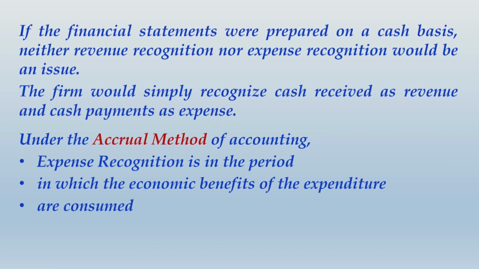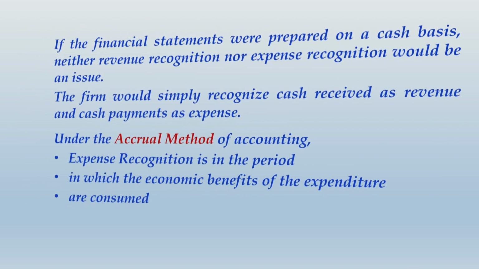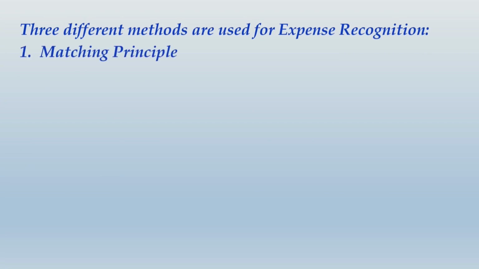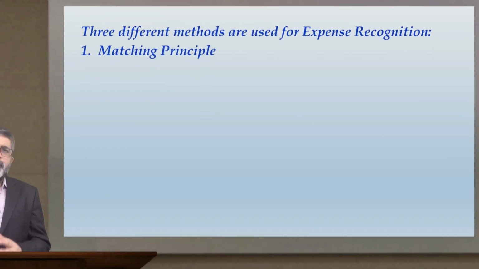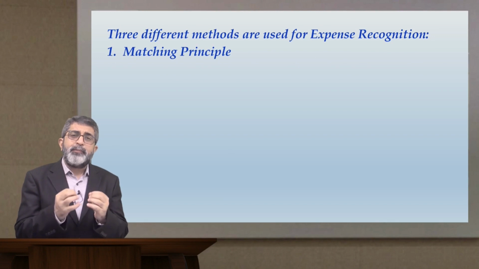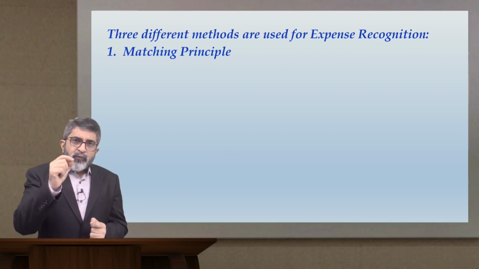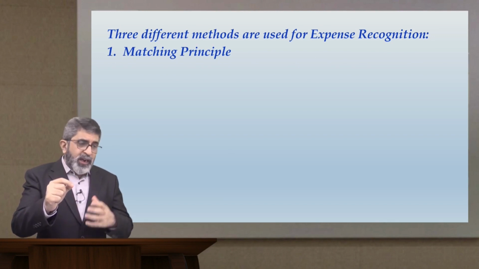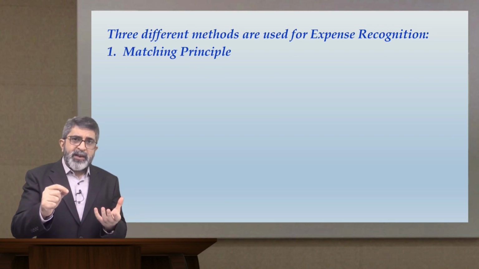Alright friends, once we have completed writing this much, let us move ahead and continue further. Three different methods are used for expense recognition. The first one itself is the matching principle. Now, just a few minutes back, I explained to you what is the meaning of matching principle. When you incur an expenditure, it will provide you some economic benefit.